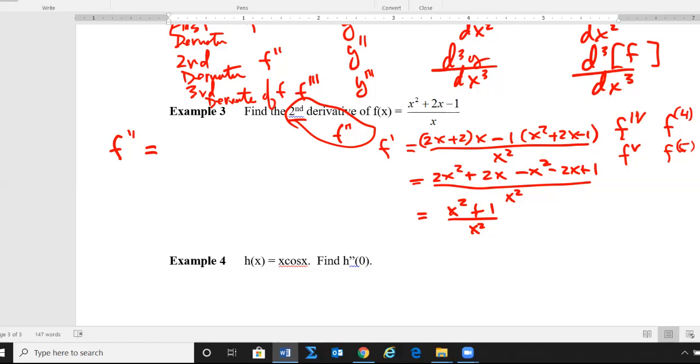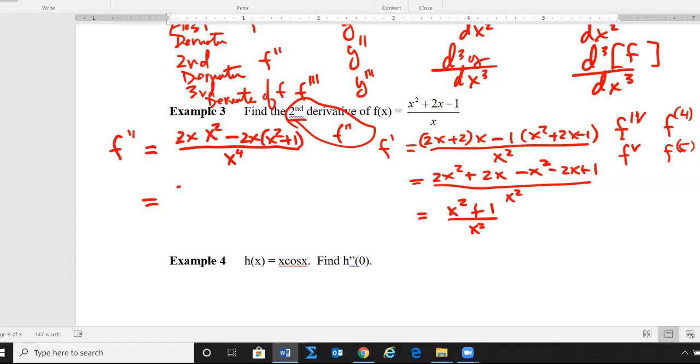So let's go with the second derivative. We want derivative of the numerator, which is a 2x, times the denominator, minus derivative of the denominator times the numerator, all divided by denominator squared, so that's a 4 exponent.